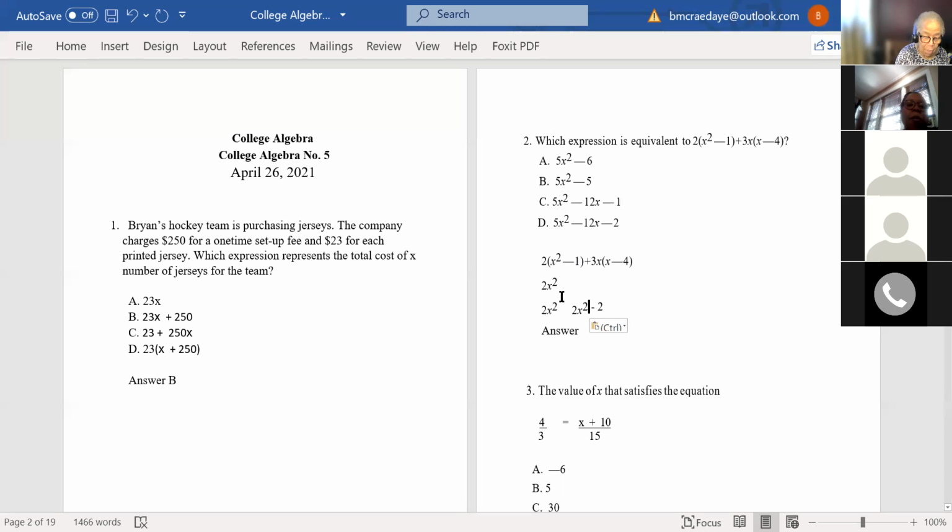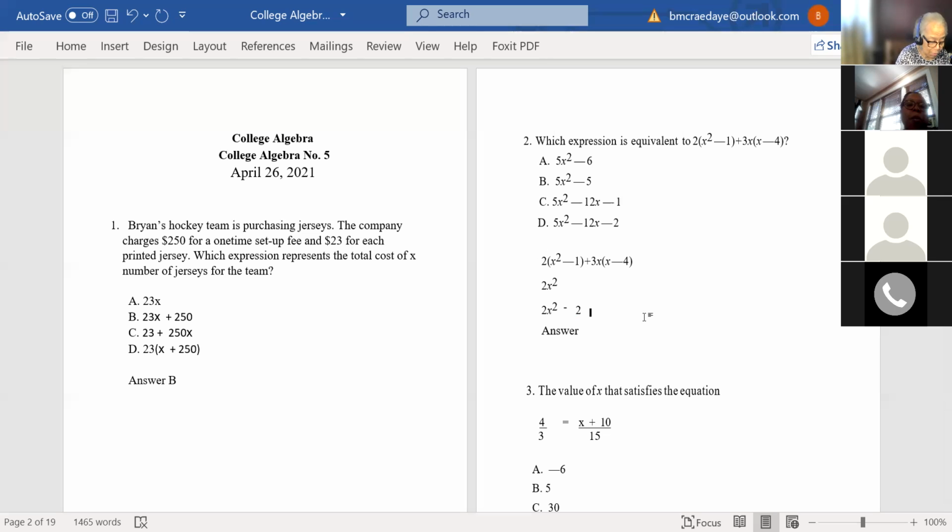Take out the minus 2, and take out the x squared. So 2 times x squared minus 2 is 2x squared minus 2. Now, this is plus, so this is 3x squared.